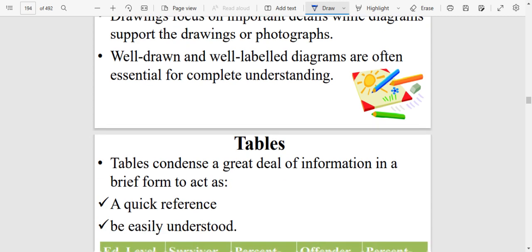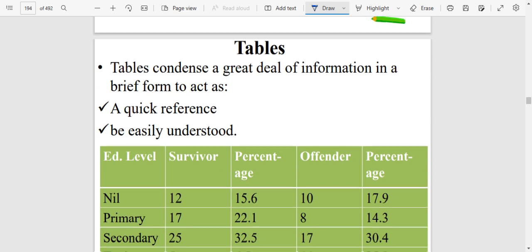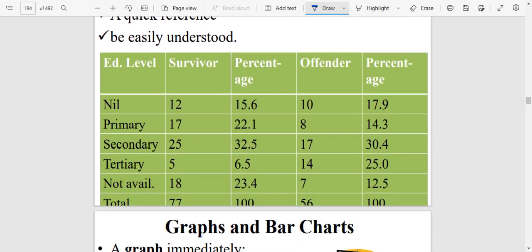But a diagram is going to support the drawing itself, or the photograph. When you draw and well label your drawing, that is very, very essential for complete understanding. It's actually much easier to understand something that is drawn than something that has been written in words.